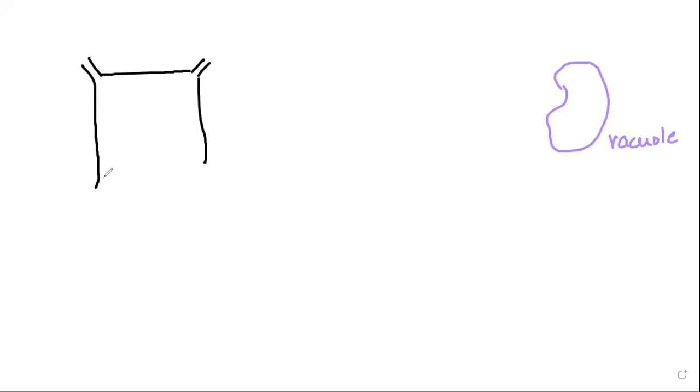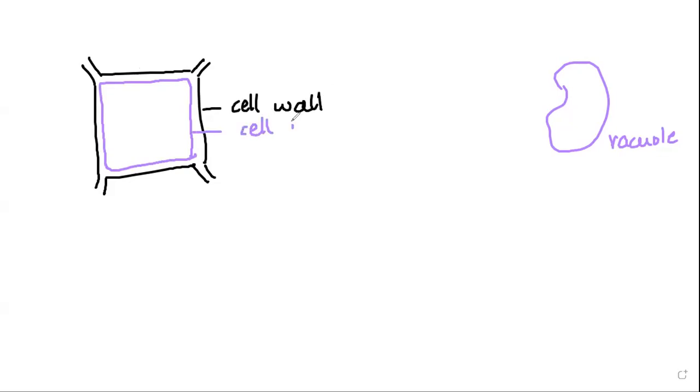Okay, let's do a quick recap then. I hope you remember that plant cells have two structures, or two protective barriers, right? The first one is the cell wall, and this one would be the cell membrane.